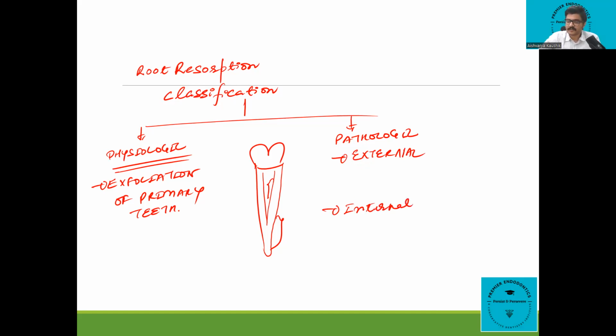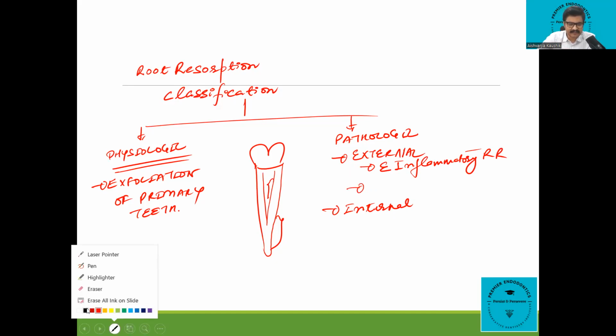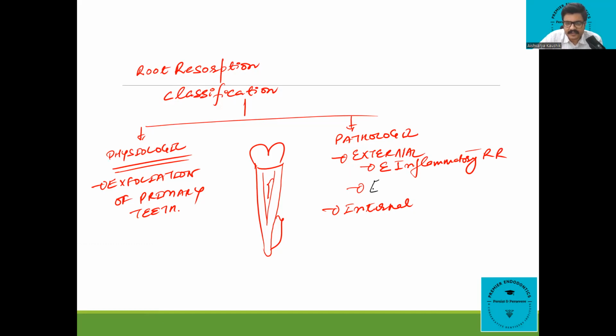Now, in external root resorption, we have further 2 types. That's your external inflammatory root resorption, and we have what is our area of concern today, our topic of discussion today. We have the external cervical resorption.